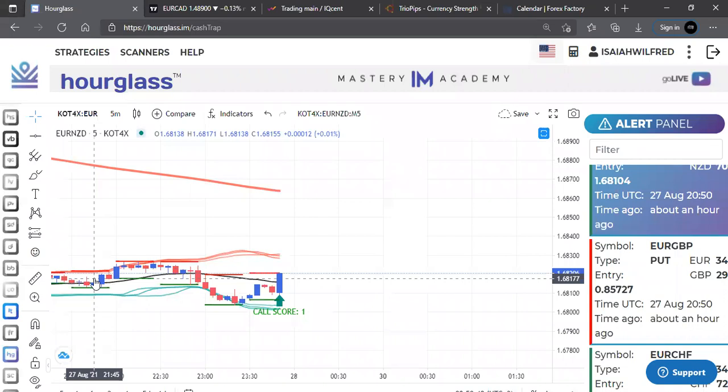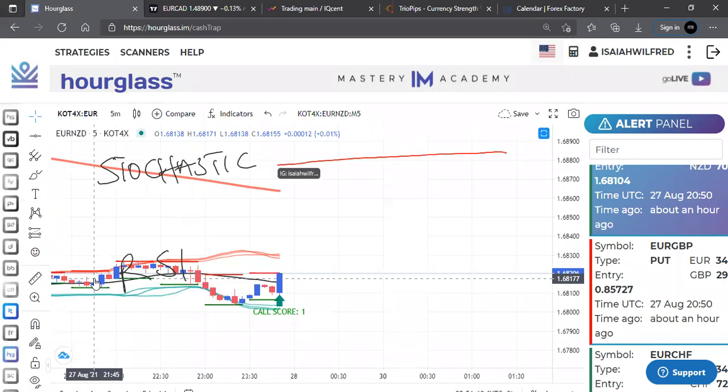Okay, this is what I'll do. Don't mind my handwriting. We have the stochastic, then we have the RSI beneath that.